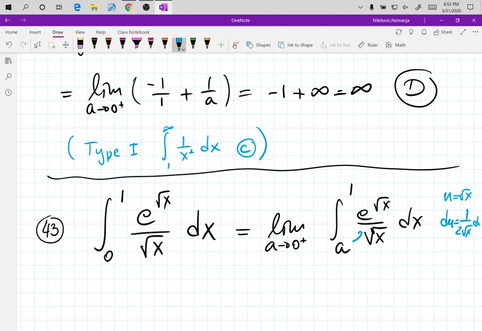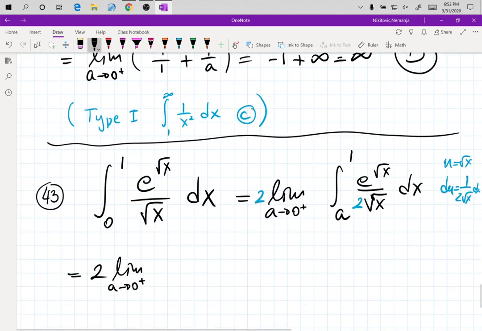I don't have a 2, so I'm going to put that 2 in the problem. So 2, limit a goes to 0 plus. I don't have to go back to x's, but then I just have to drag root a through the calculations. So I'll go back to x's and keep a and 1 for e to the u du.